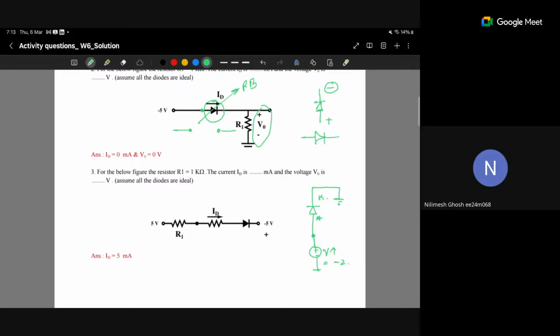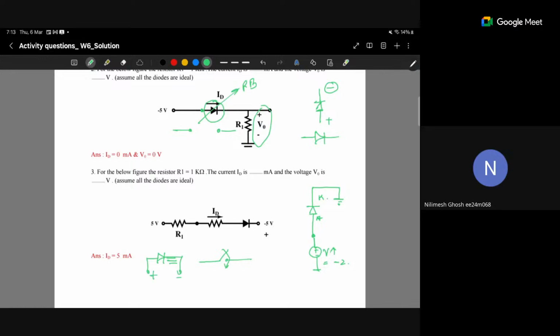A diode can be modeled as a switch. See, this is a diode, and this can be modeled as a switch. This switch will be closed when the potential here is positive.